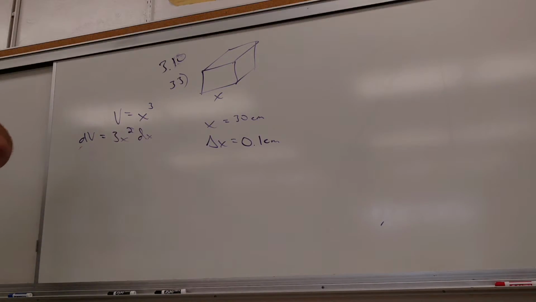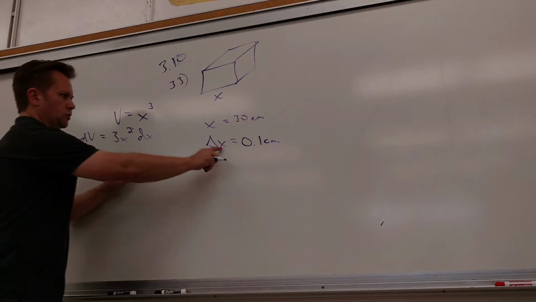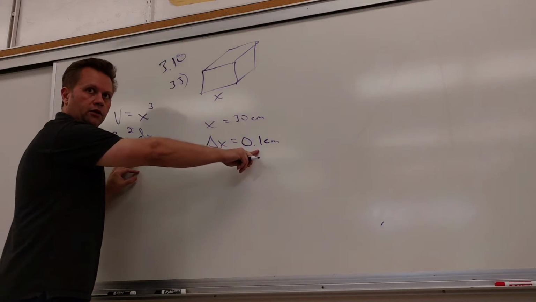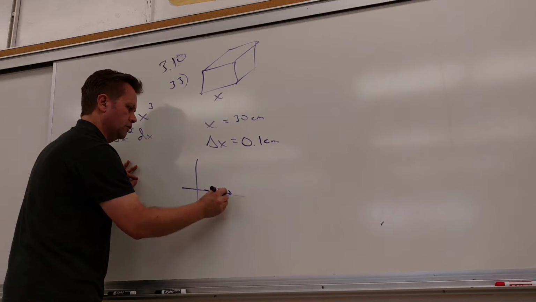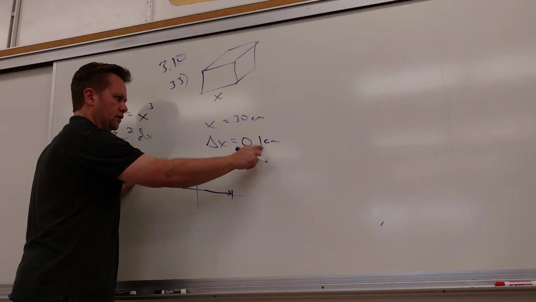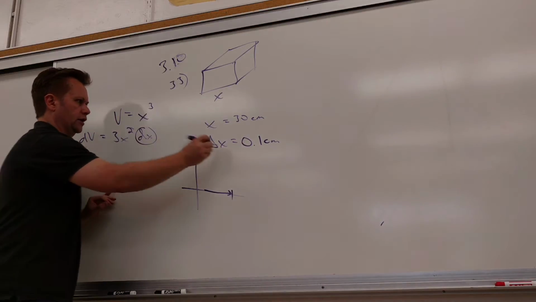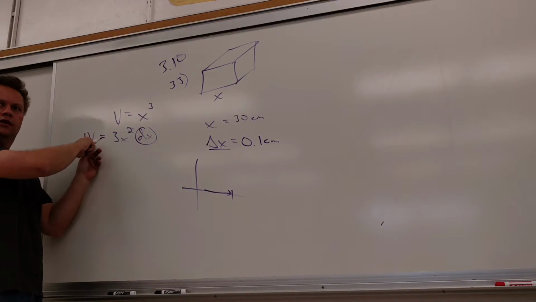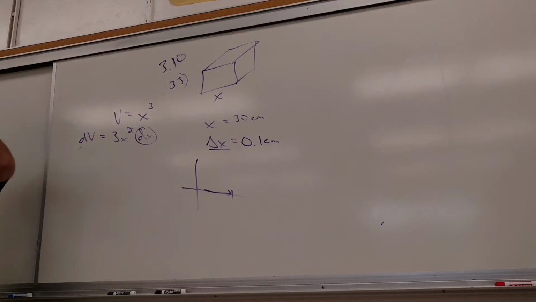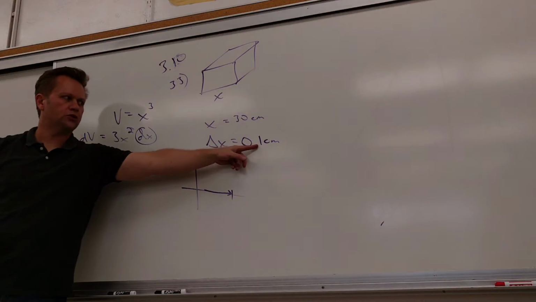Right? You guys kind of with me? And then dx would be this, 0.1 centimeters, right? Because the idea is the change in x is going to be this. No matter if I look at it like this or like that, I can estimate using this full thing. dy or d whatever, that's going to be an estimate, right? Because this does not hold over that whole step I'm taking.